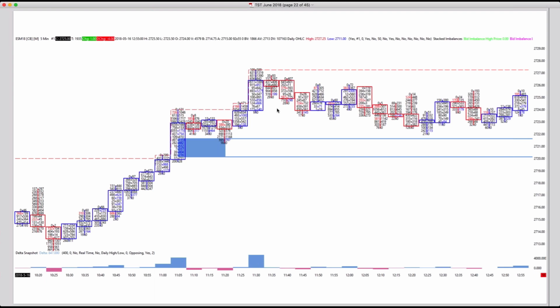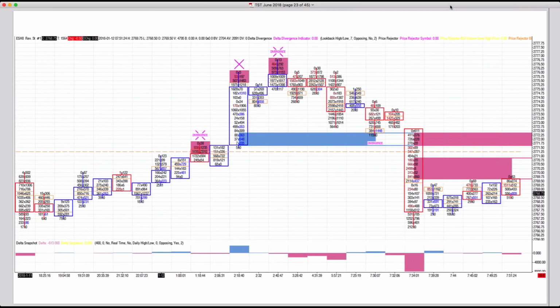So we can see these events as they happen, but it's also very interesting to see what happens when they're retested. So let's have a look at another example where we've got another stacked imbalance. You can see it in the middle of the screen at 2:18 a.m., stupid time to trade. And we've got this stacked imbalance across 3 price levels. Price went up. We experienced exhaustion.